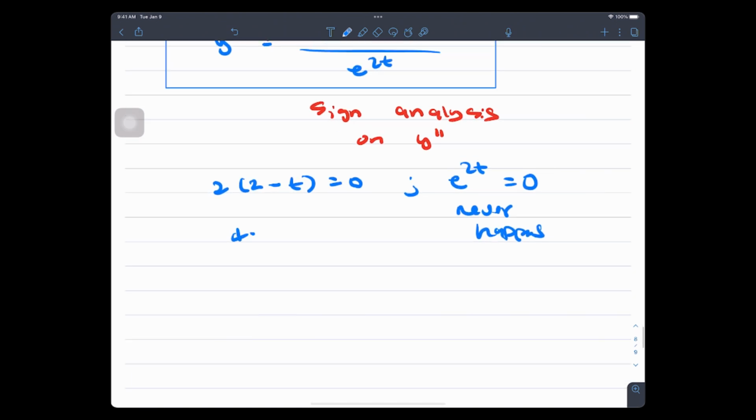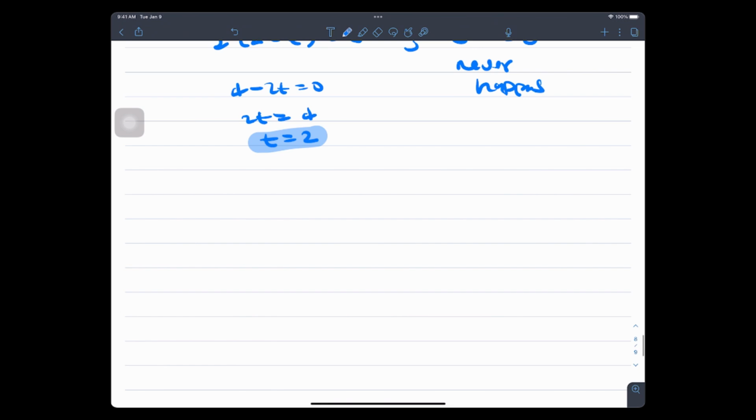But here we get 4 minus 2t is 0. We get 2t is 4. We get t equals 2. So for sign analysis again, on the second derivative now, at 2, I get a second derivative equal to 0.